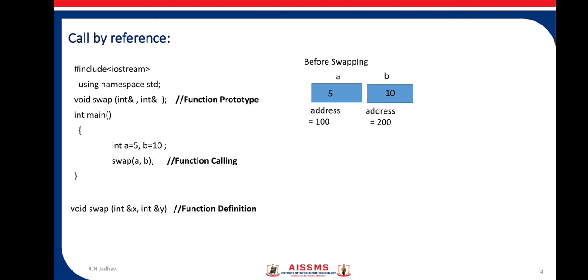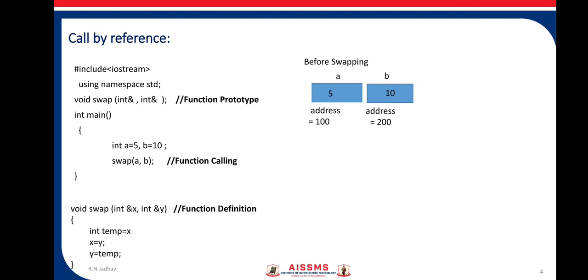In this case, a and b are my actual arguments and x and y are the formal arguments. Now you know this procedure of swapping, that is assigning one value into another, but what will happen when we create this reference?